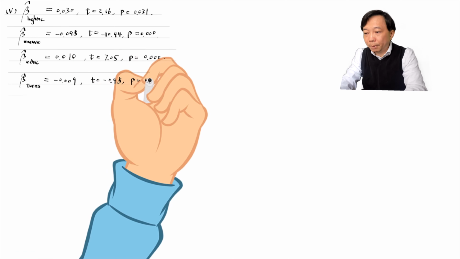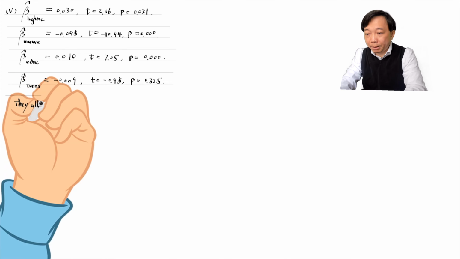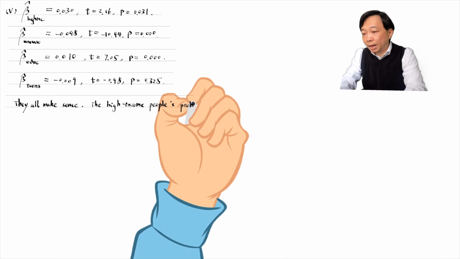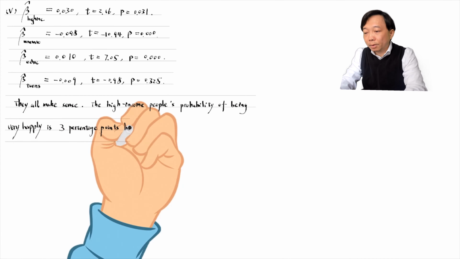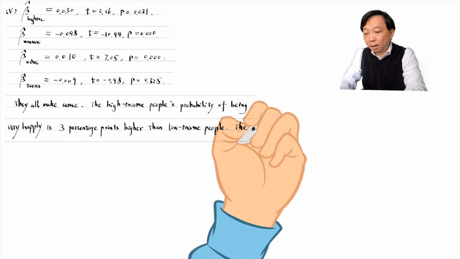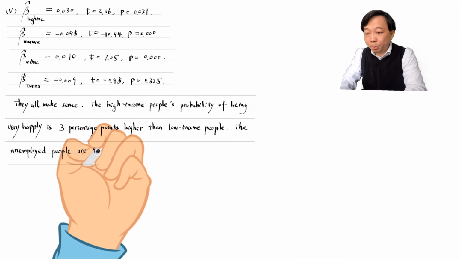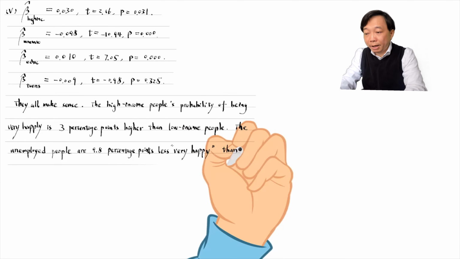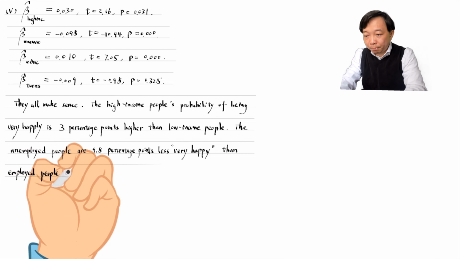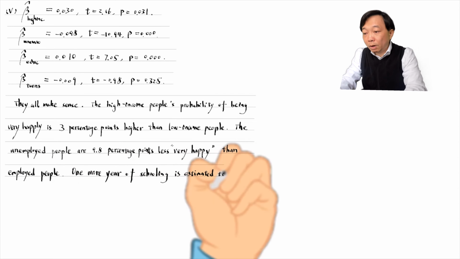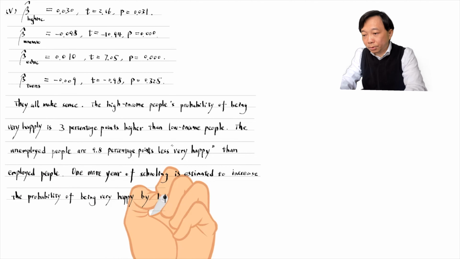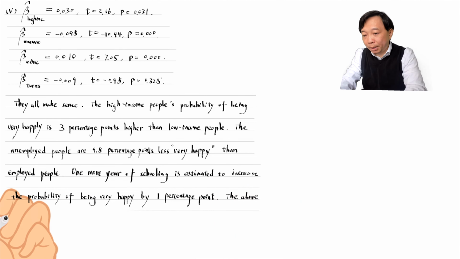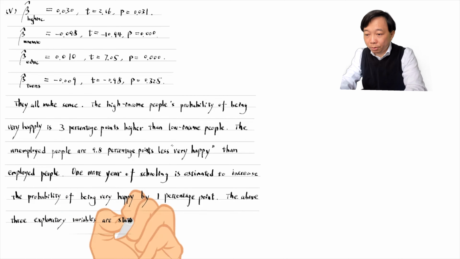The high-income people's probability of being very happy is 3 percentage points higher than low-income people. The unemployed people are 9.8 percentage points less likely to be very happy than employed people. 1 more year of education is estimated to increase the probability of being very happy by 1 percentage point.